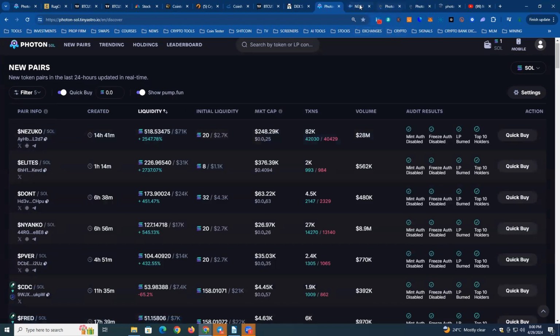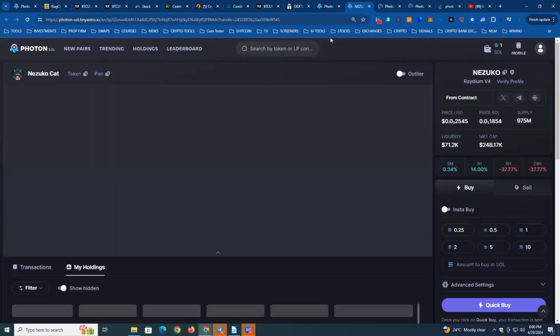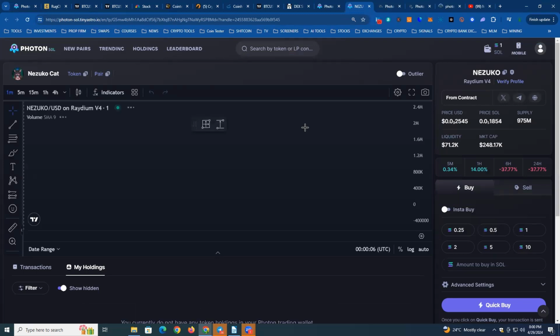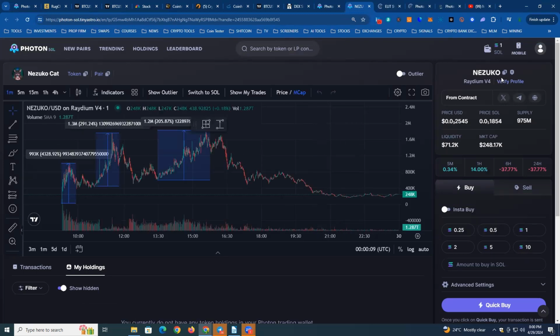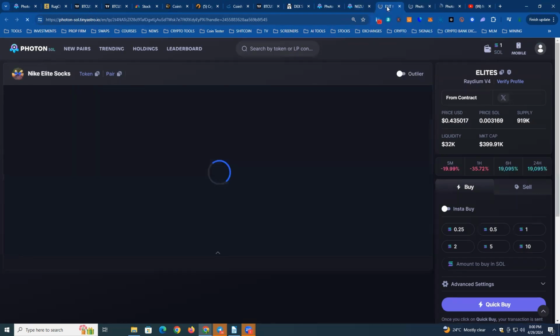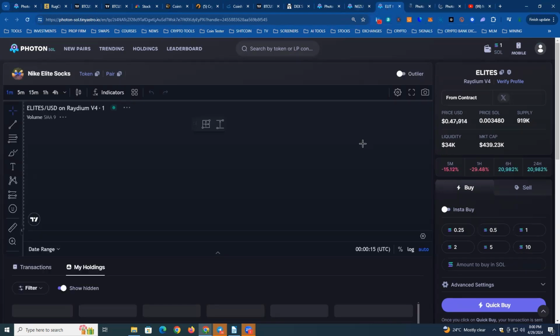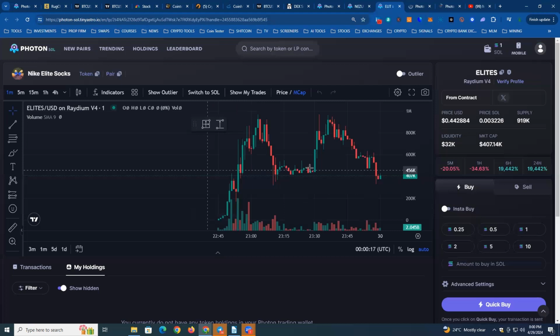Once I've opened up their windows, I would go from chart to chart, doing my due diligence for each of them, taking the contract and sending it through rug check, and so on and so forth. Basically, I would be looking at the structure of the coin. For instance, this particular coin here, Elites, was just launched today at 2200 hours.